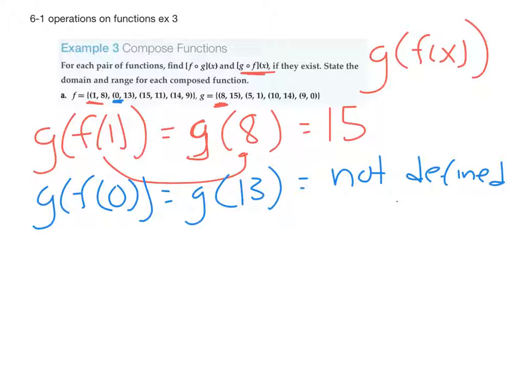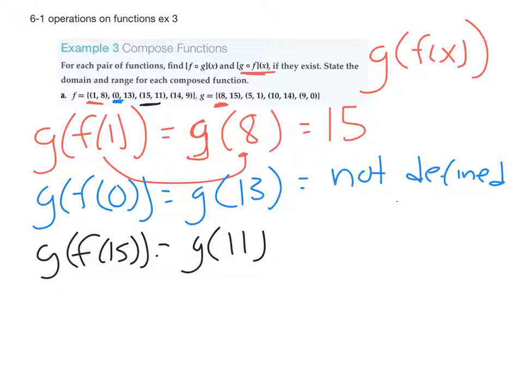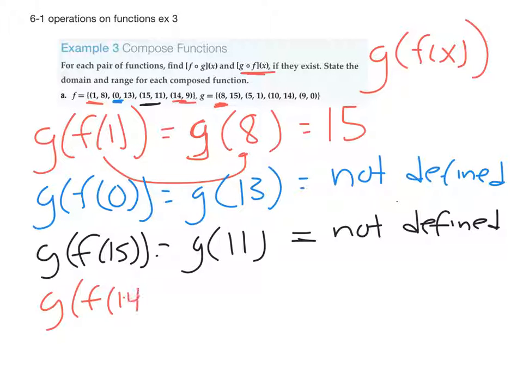So now we'll do the next one, g of f, and I'm looking at the next coordinates. So f of 15 equals 11. So now we look at g of 11 on the other side, and it's also not defined. And I'm going to do the last one we have here, which is f of 14.